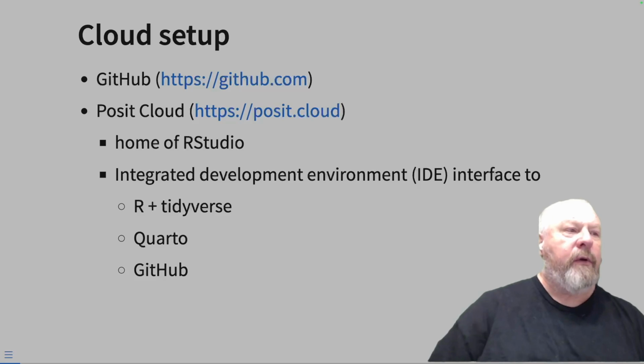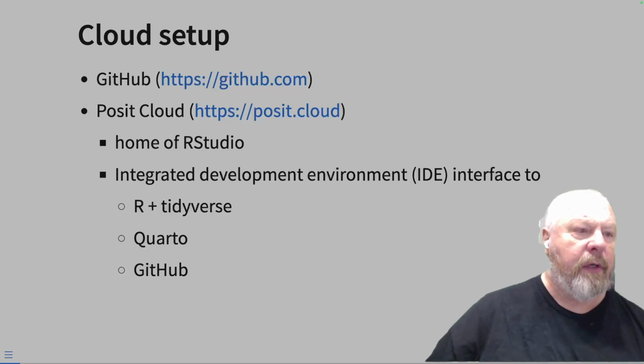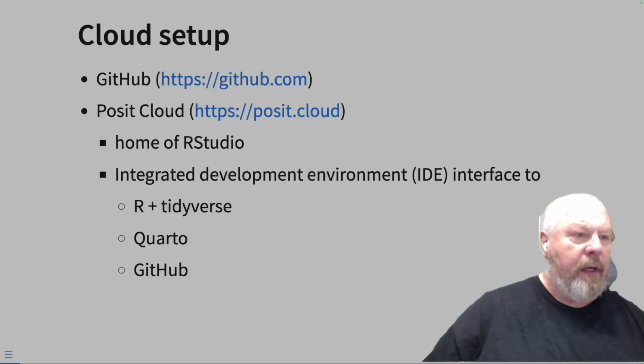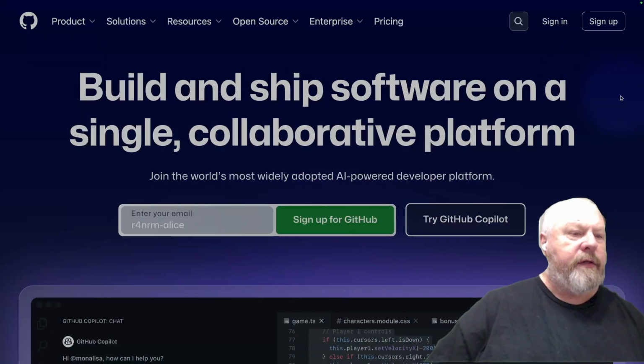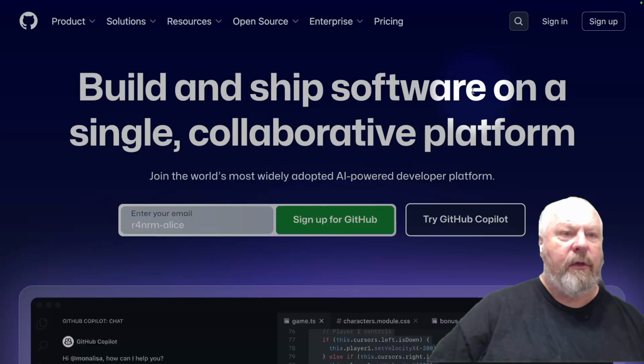Okay, so what I'm going to do first is I'm going to go to GitHub and set up an account for a fictional user that I'm going to create. And oh, let me get there. This is what github.com looks like.